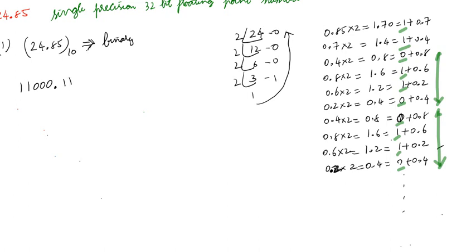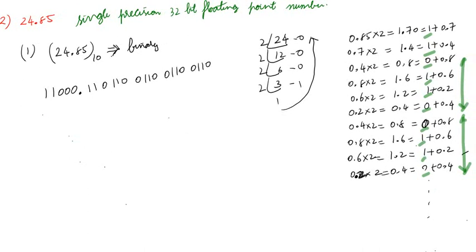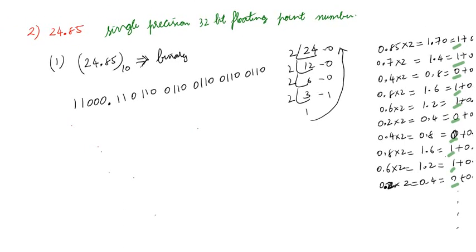Then it is 0 1 1 0 0 1 1 0 0 1 1 0 0 1 1 0 0 1 1 0. It keeps on going, right? We have to write at least 23 bits. Okay, now this step is done.